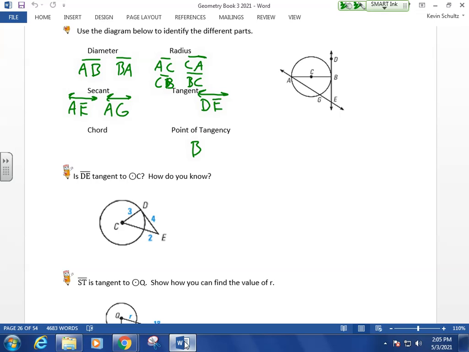And then finally, the chord, you could put AG as a segment, GA as a segment, or you could write either of the ones you put up for the diameter, because the diameter is a chord. It's a very special type of chord. Questions on any of that?